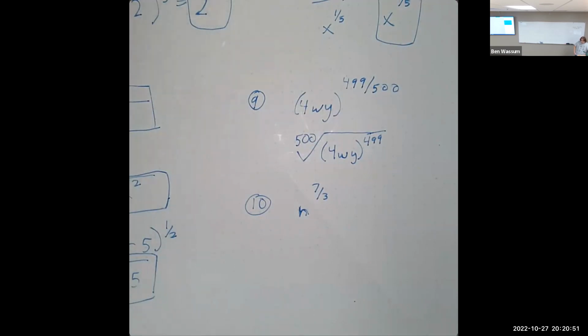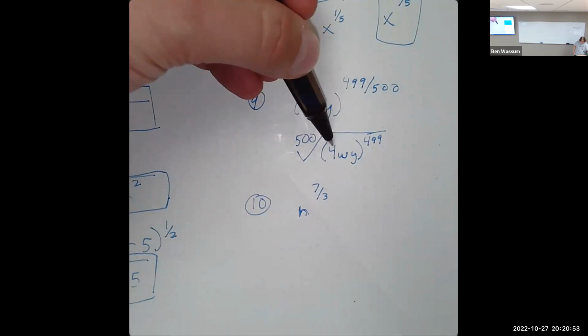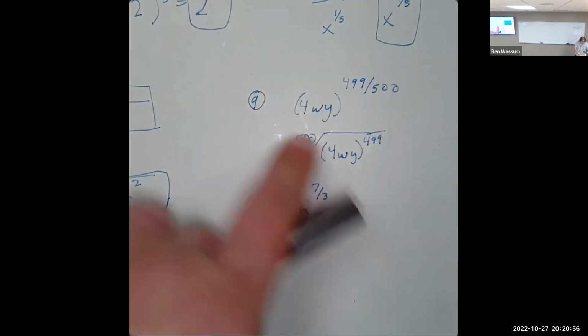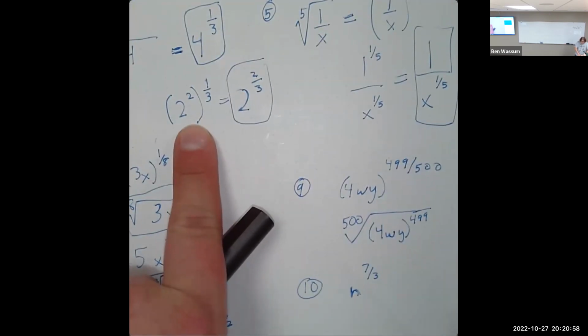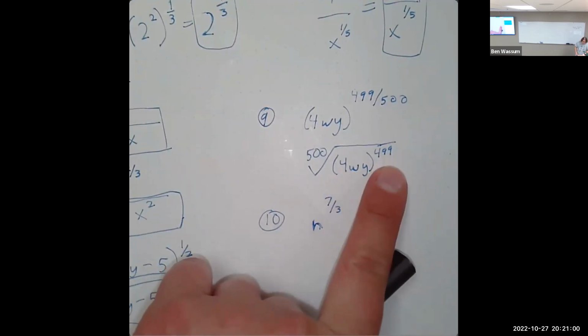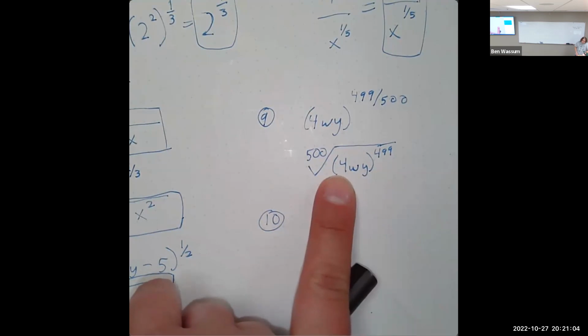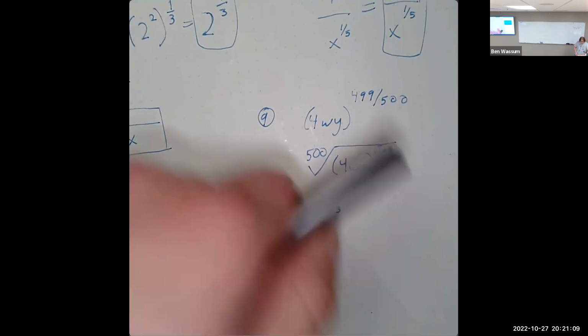If you want to be really ridiculous, I could do that and then take that 4 and break it down like I did up here to a 2, and then I would have the 998th power of 2. That would happen, but I don't need to do that. We're just going to call it good there.